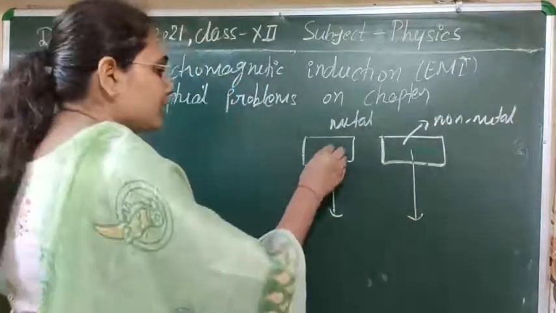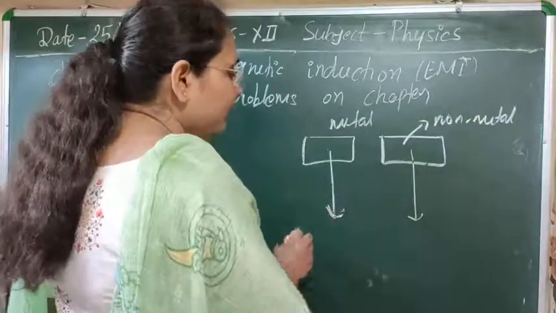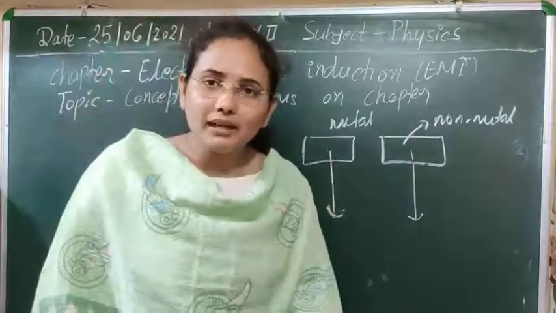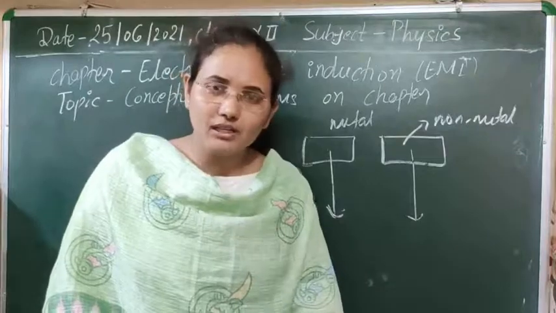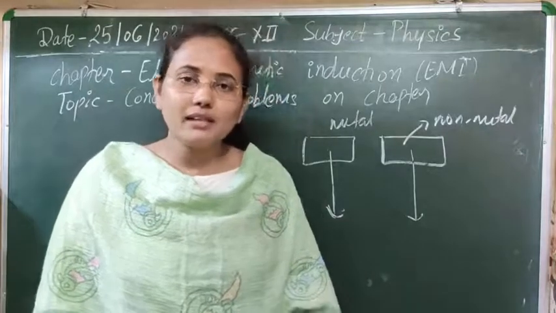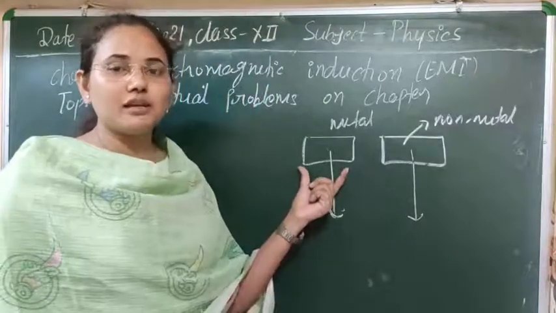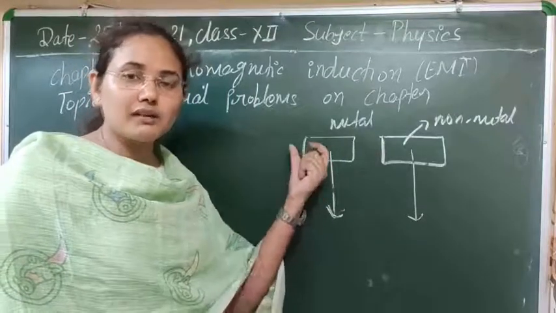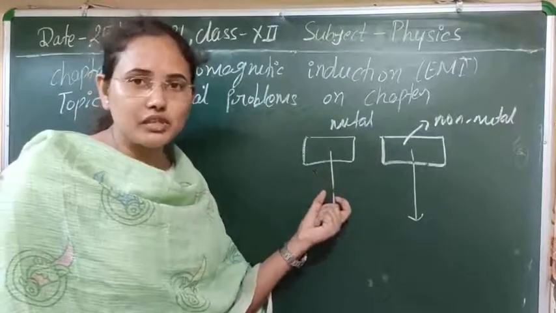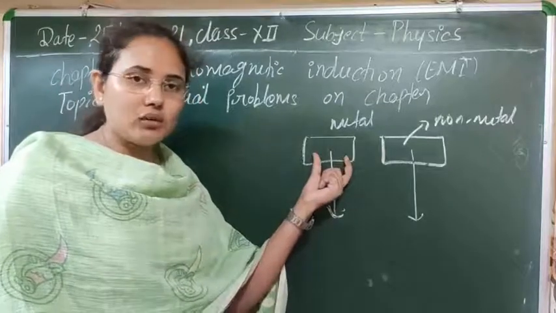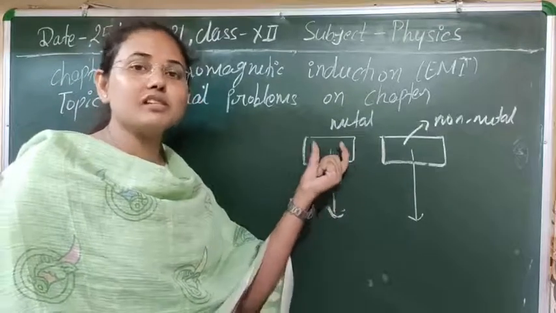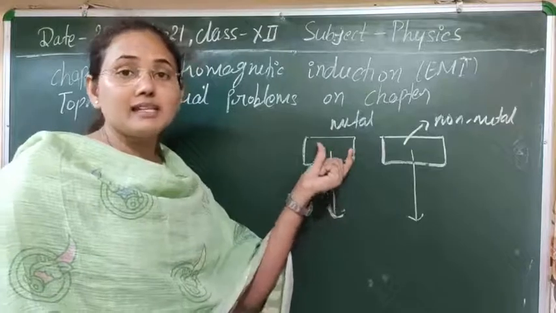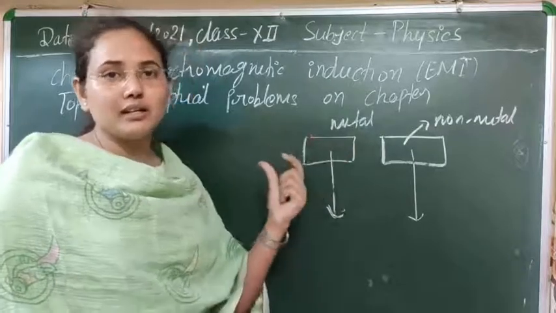If it tries to come downward, the magnetic field associated with it will change. Due to that, the flux linked with this metal strip will change, and the changing flux will give rise to an induced EMF. As it is a metallic core, induced EMF can easily be generated here, and magnetic field lines can penetrate easily.